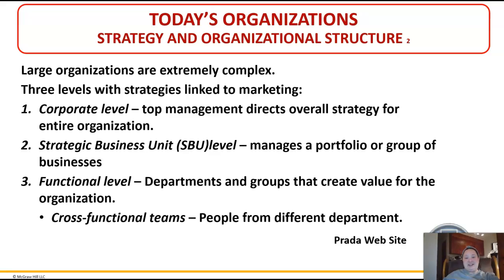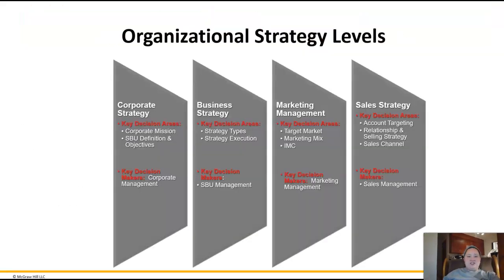Strategic business unit level, it's different areas of business for the organization. So, and this you see business strategy. So you're going to talk about for each SBU, strategic business unit, what are the strategy types? What's our execution? And the management of those SBUs is going to make those decisions.